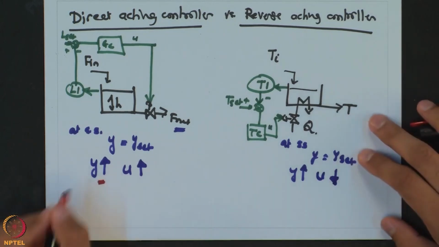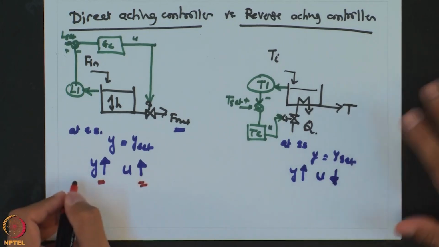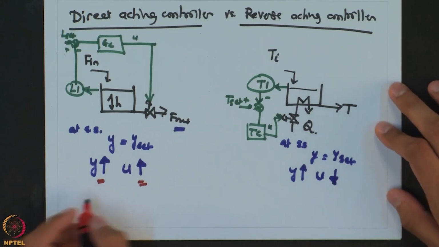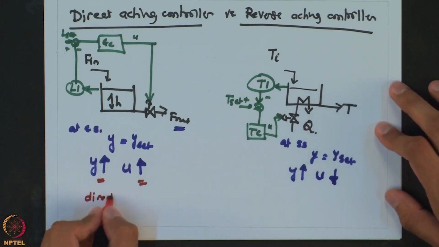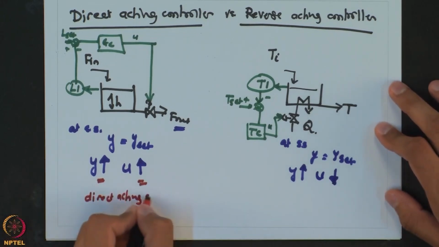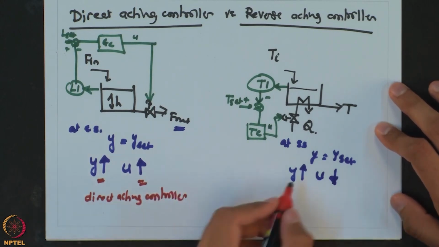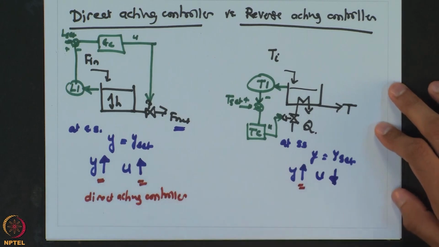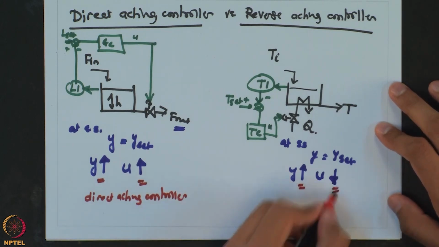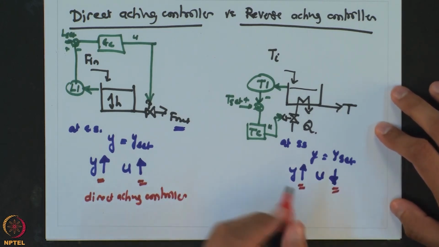Here an increase in the output causes an increase in the controller output, therefore, it is known as direct acting controller. In this case, an increase in the output causes a decrease in the controller output, therefore, it is known as reverse acting controller.